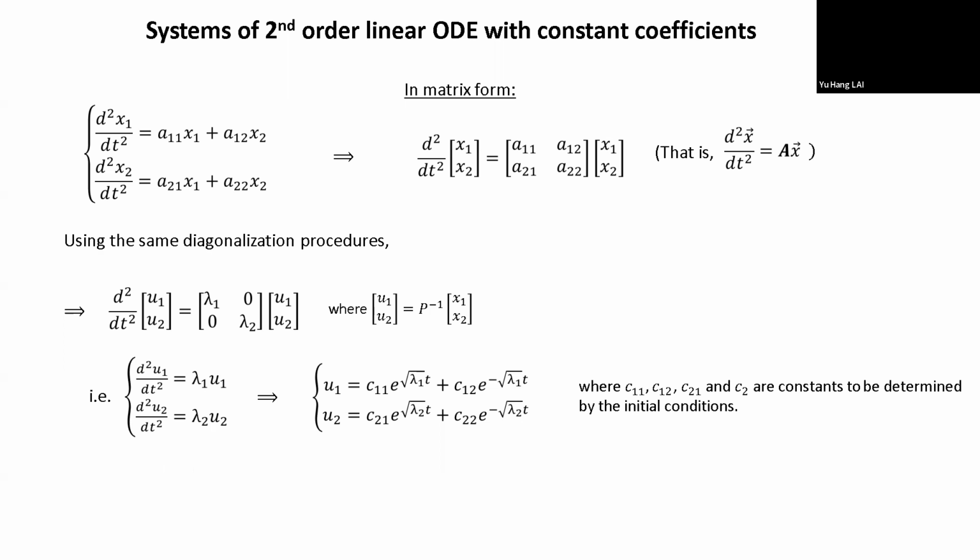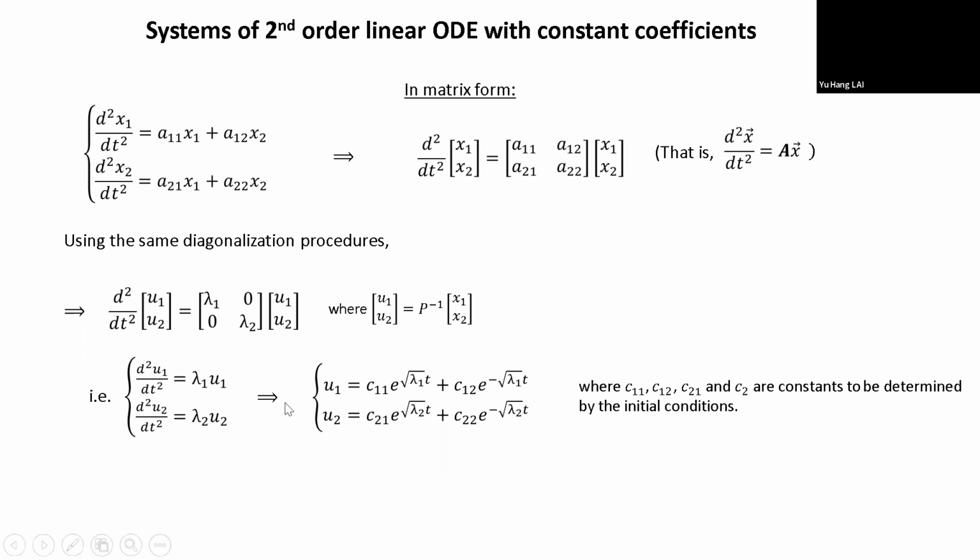And this one also. Here I'm going to talk about two different cases, because you know that for the second order ODE, sometimes you have the exponential function, sometimes you have sine and cosine. It depends on lambda 1 and lambda 2. First I consider lambda 1 and lambda 2 to be positive numbers.